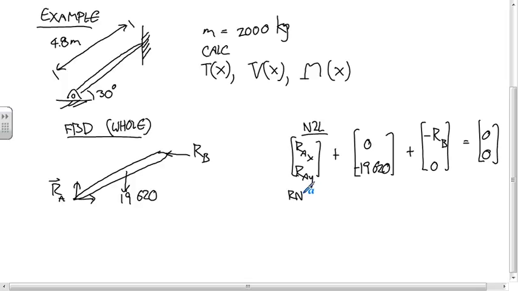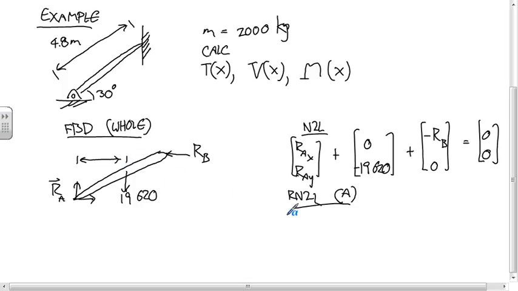And the rotational equation, calculate the moments about A. So this horizontal distance is 2.4 times the cosine of 30.